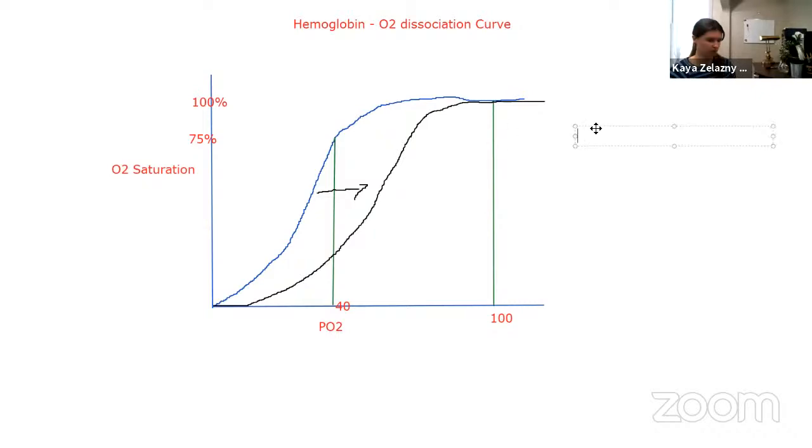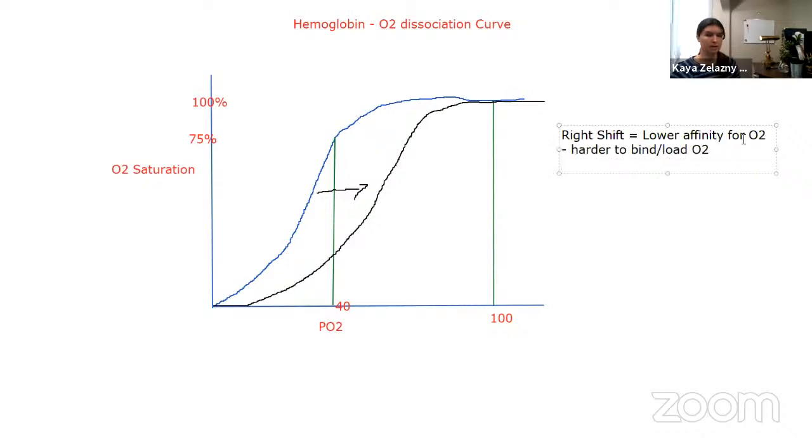So if we talk about a right shift, and I'll write it out right here, some of our facts here. So a right shift is going to mean that we have lower affinity for O2. So we have lower affinity for oxygen, which means it's harder to get oxygen loaded onto the hemoglobin. So harder to bind, load O2.